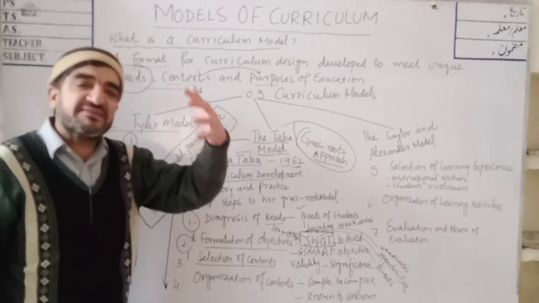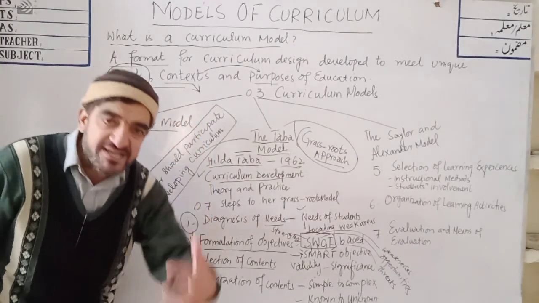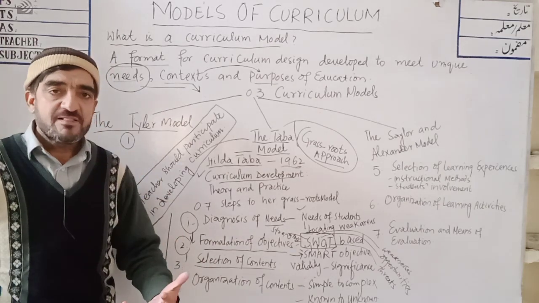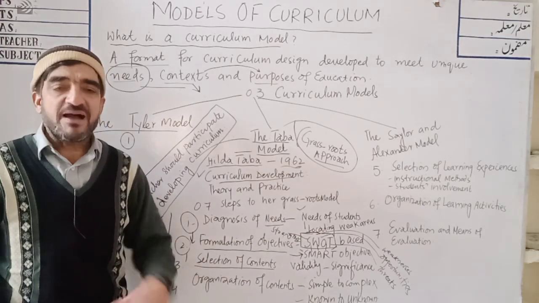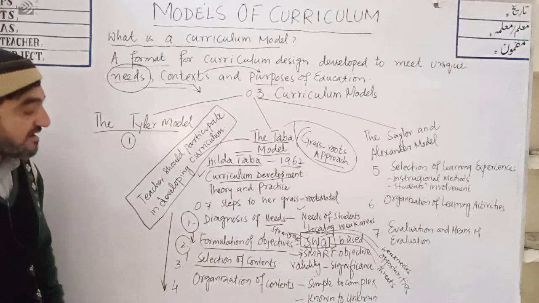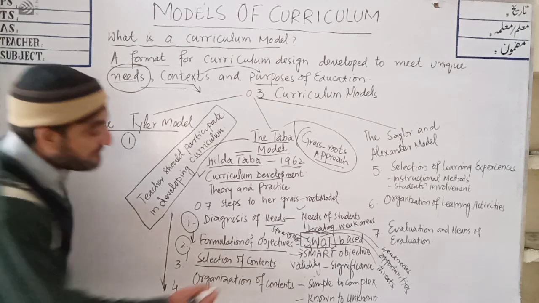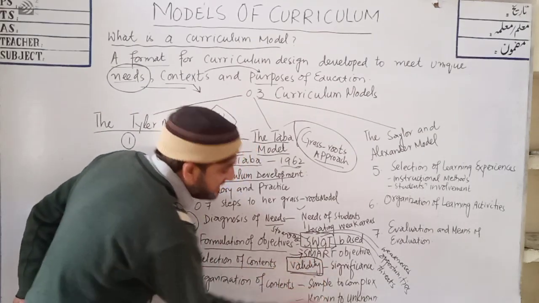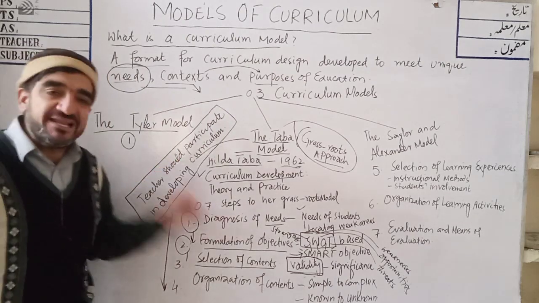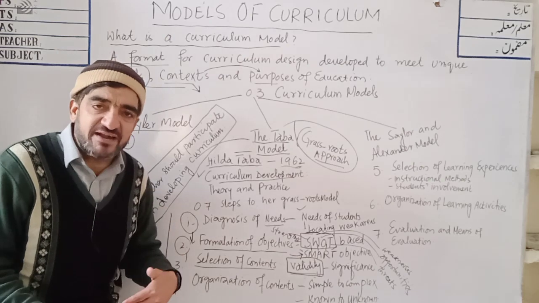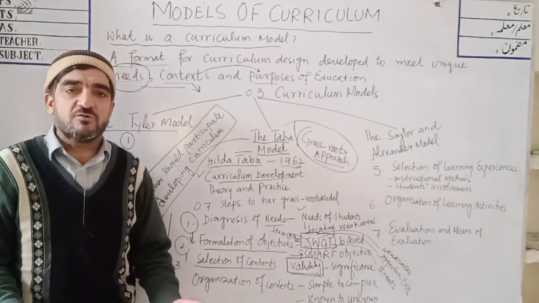After that, we will come to the selection of contents. Contents means the logical list of topics to be taught by the teachers to the learners for making their concepts clear. But contents should be selected keeping in mind the validity. Validity means that those contents which are needed by the learners should be made part of the curriculum.